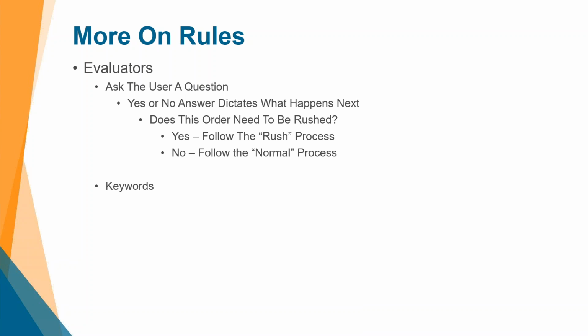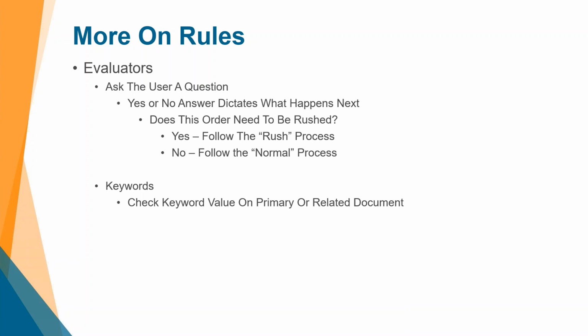A lot of these evaluators can be set up to happen automatically. So based upon the keywords that have already been recorded for this specific document, we can look at them and then make the appropriate determination. So we can check that keyword either on the primary document or any of those related documents. Remember before I was talking about those related documents that are coming in that are associated with that primary object.